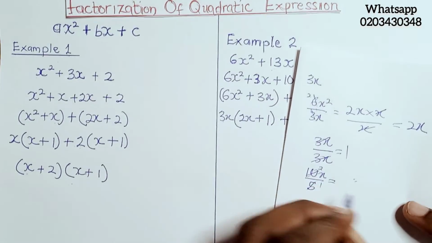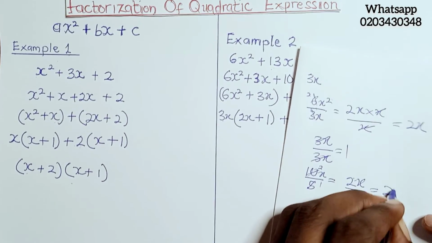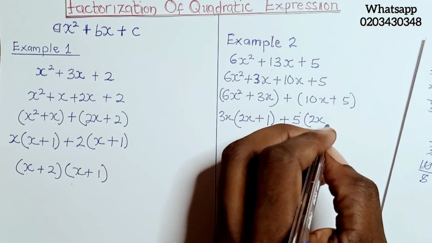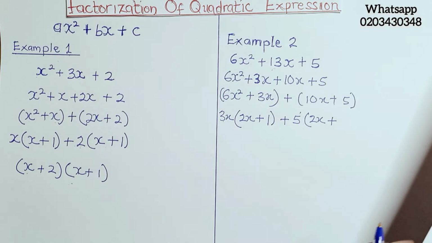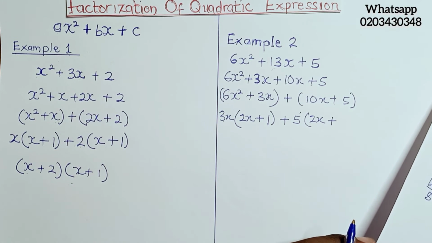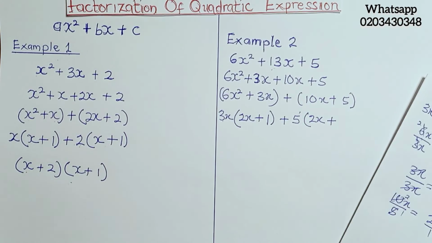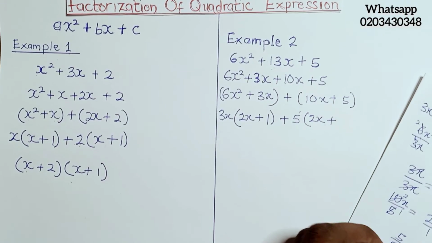So 2 times x will give us 2x over 1, which is the same as 2x. So we'll put the 2x here plus 5 divided by 5, which is equal to 1.